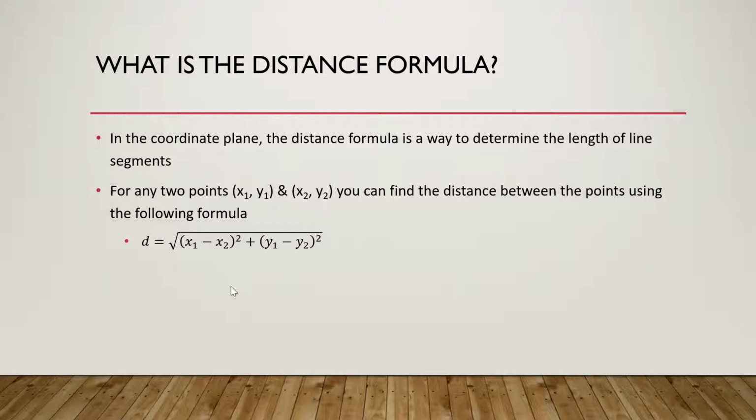You're going to find the square root of the difference of the x's squared plus the difference of the y's squared. We take x1 and x2, subtract them and square. We take the y's, subtract them and square. So that's the distance formula.